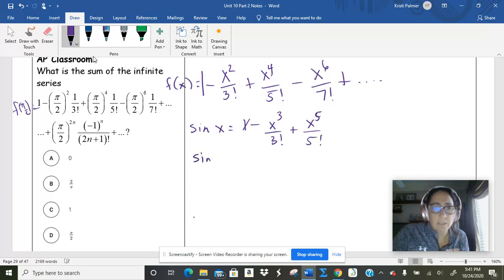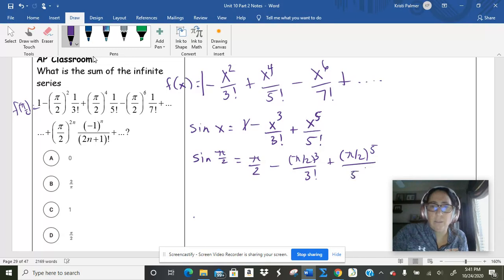So if I put pi over 2 in, that would be pi over 2 minus pi over 2 cubed over 3 factorial. I just want you to try to think through this without me, because this one's tough, and I want you to see what it is that they're doing here.